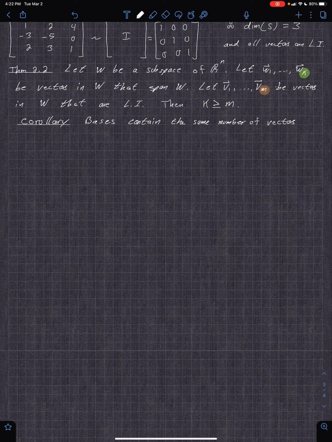All right, so next, theorem 2.3. We basically need to develop a bunch of stuff before we can do more. This is the existence and determination of bases. This one basically clarifies a bit of things.